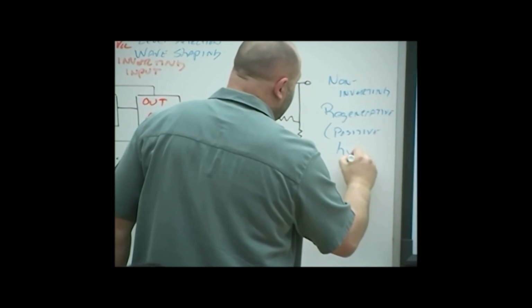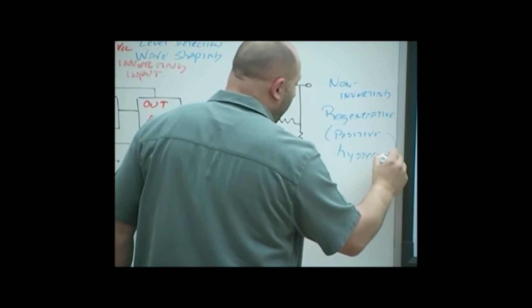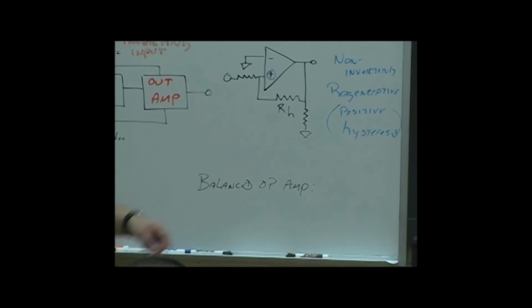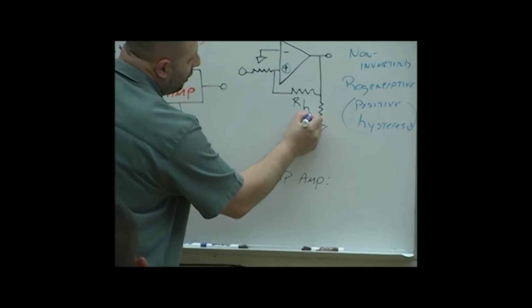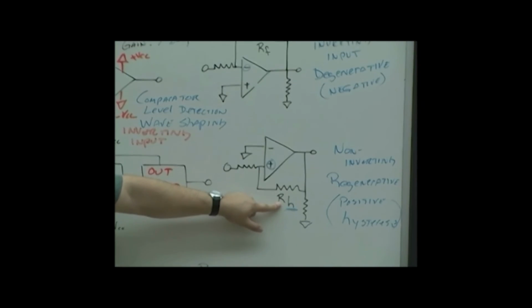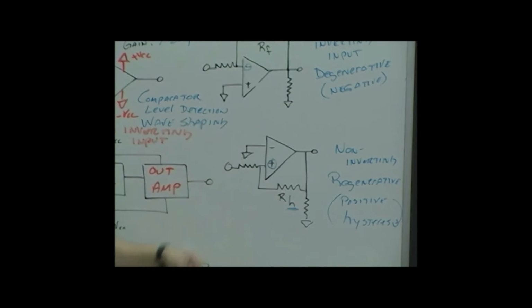And I'm going to write that, hysteresis, because it's referring to the same type. Positive feedback, regenerative. This sub H should clue you in. Probably stands for hysteresis. This F, just feedback. But they are different.